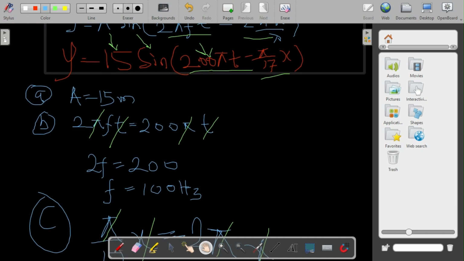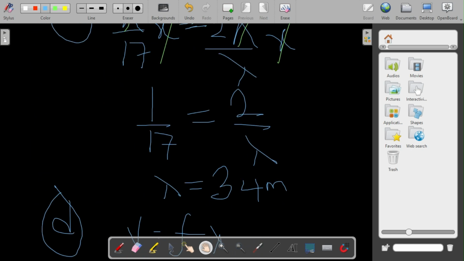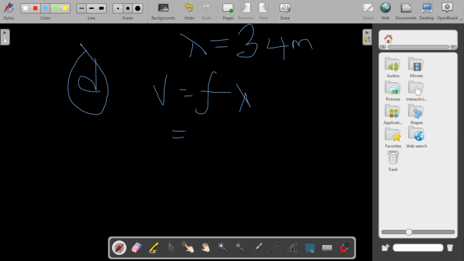The frequency is 100 hertz, and the wavelength is 34 meters. So multiply through: the speed will be 100 times 34, that's 3,400 meters per second. It is velocity.